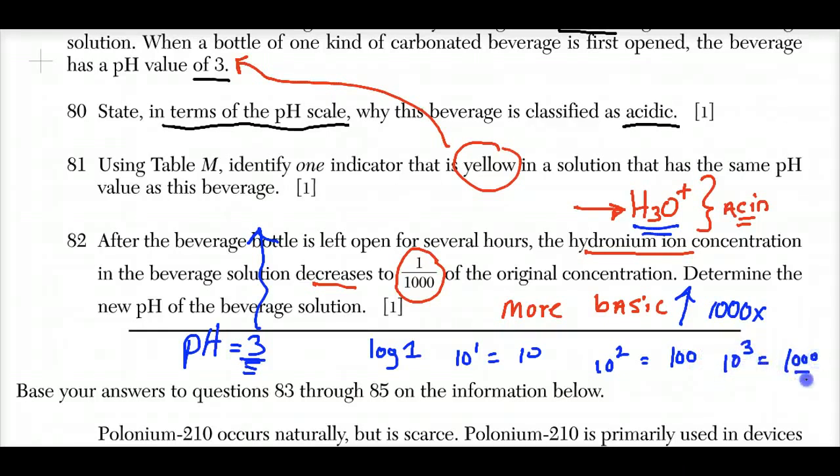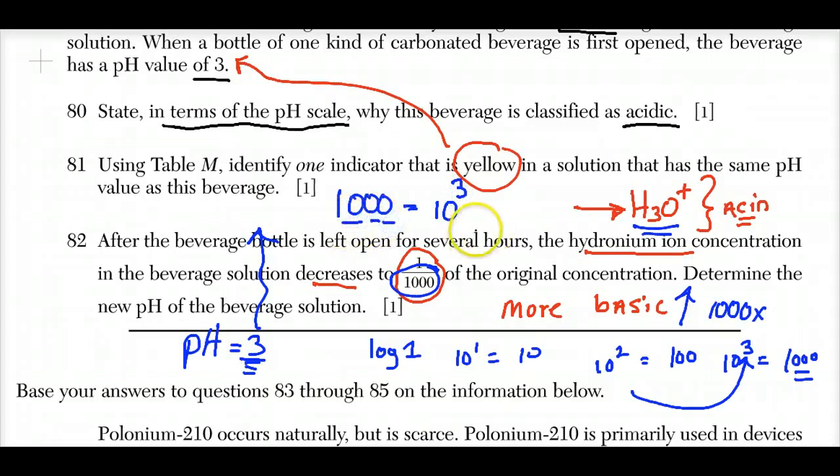So this 1,000 times represents this exponent 3. The pH scale takes the exponent of the concentration. In any case, we know that this is going to go up, 1,000 times is equal to 10 to the 3 from your math class.